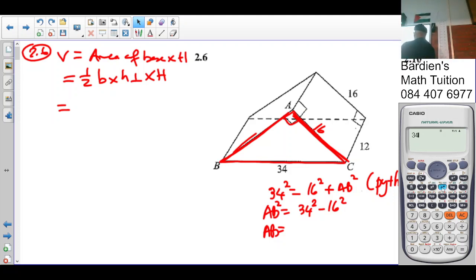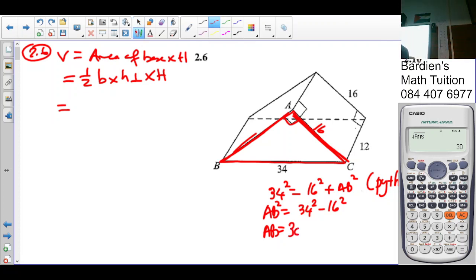34 squared minus 16 squared gives you 900. The square root thereof is 30 units, no? Why units? There's no measurements in it. These are units.